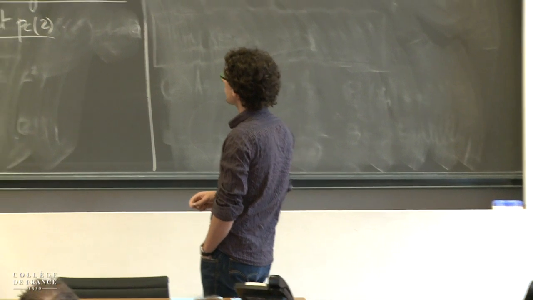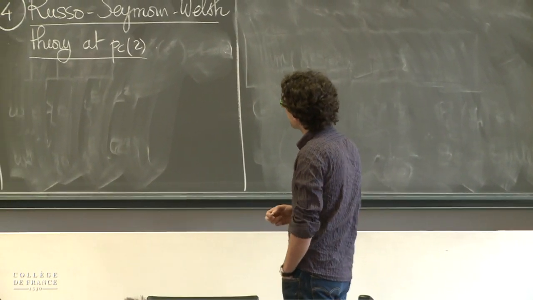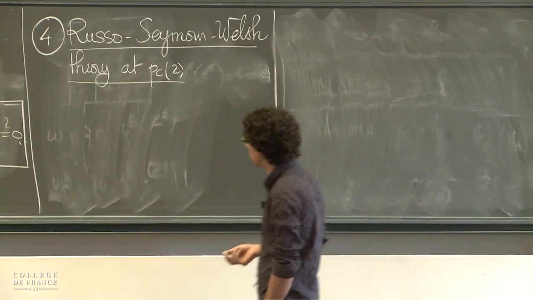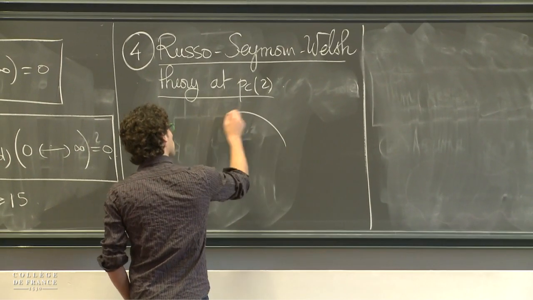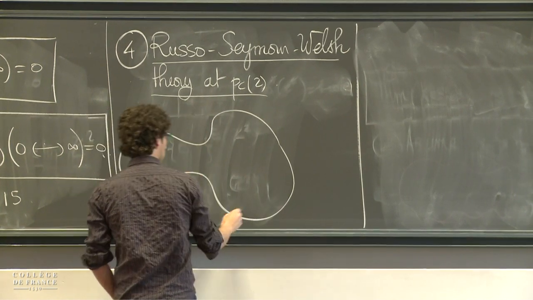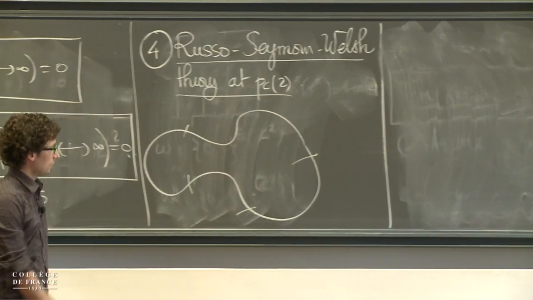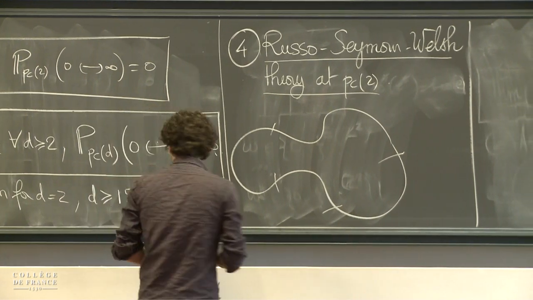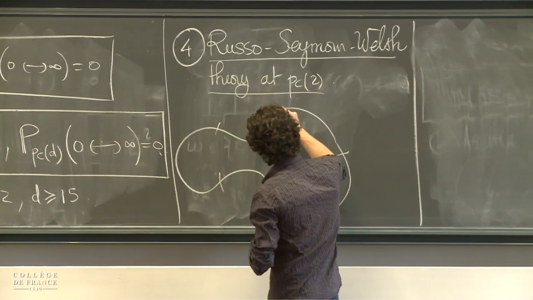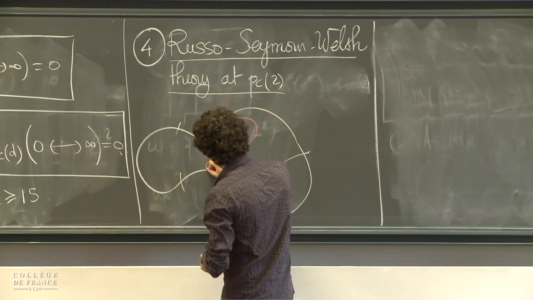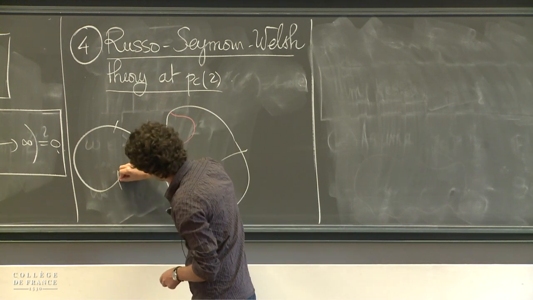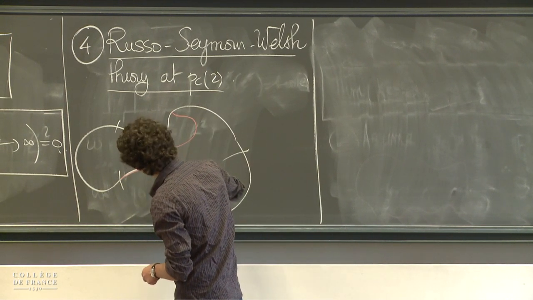OK, so what is the Russo-Seymour-Welsh theory? It's basically the study of the probability of the following type of events. Imagine you have a topological rectangle with 4 points on the boundary. The theory is interested in the probability that there is a path of open edges going from this part to this part.